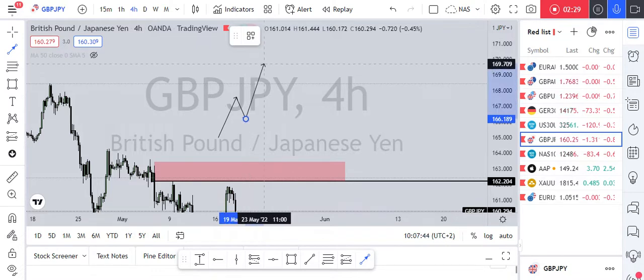We reached this point right here, which is our previous low.